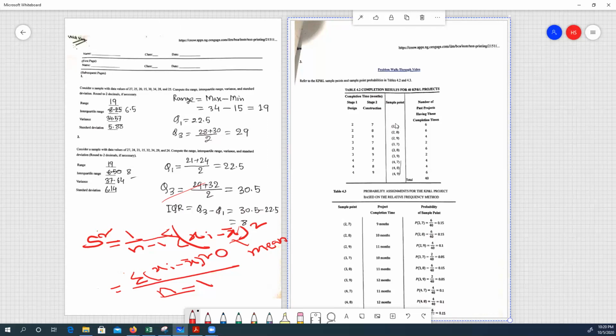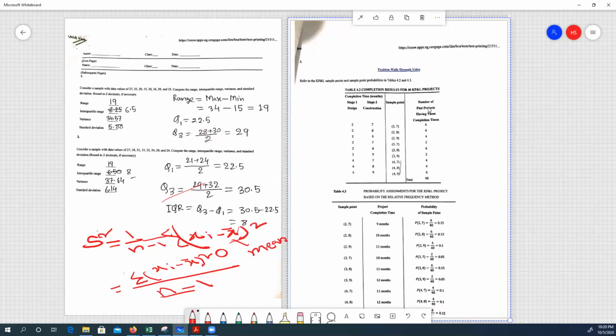So the sample point to complete the whole project: you need 2 months for the first stage and 7 months for the second one. So the sample point will be 2, 7. 2 represents the number of months to complete the first stage, and this is the number to complete the second stage. Similarly, the sample point for this one is 2, 8, and this is the corresponding number of projects.